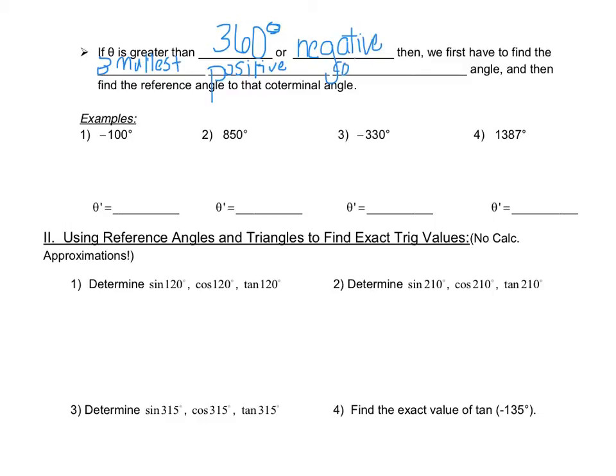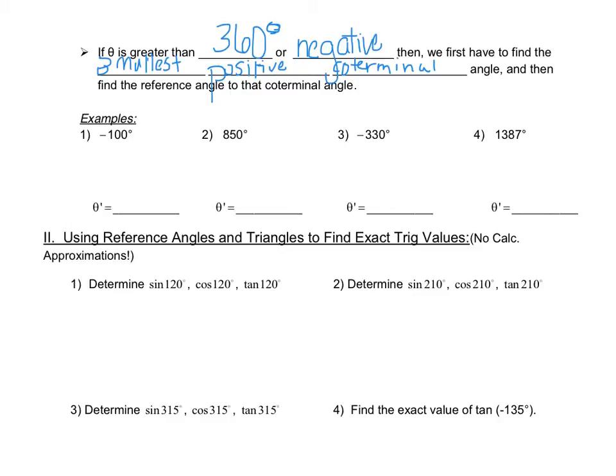So we're bringing back material from last chapter. Okay. And then after we find the smallest positive coterminal angle, then we find the reference angle.